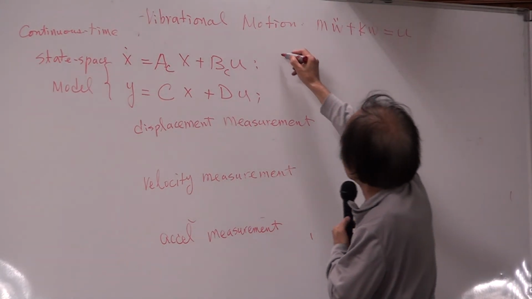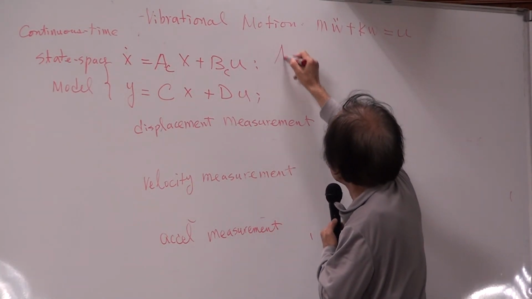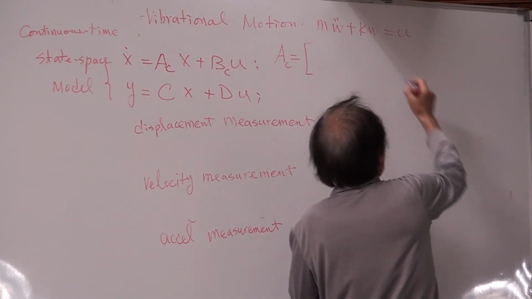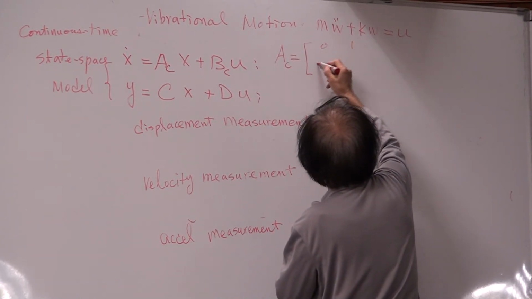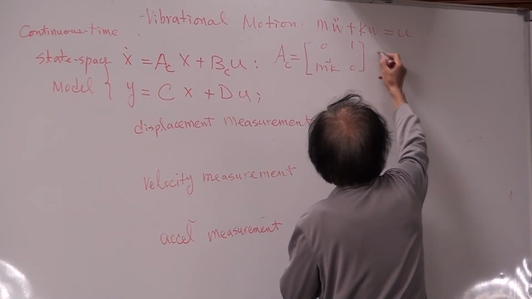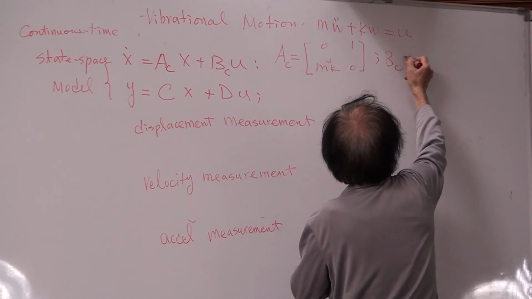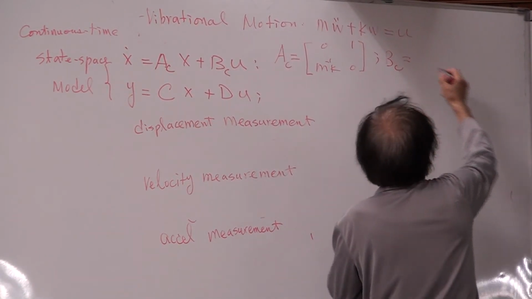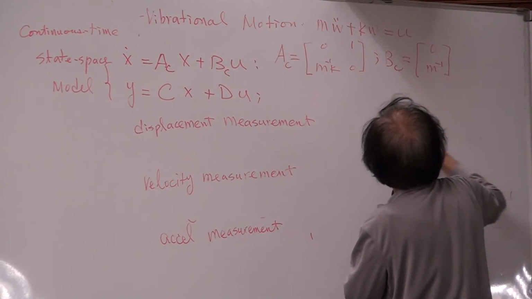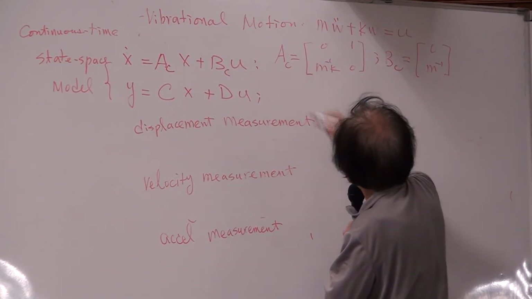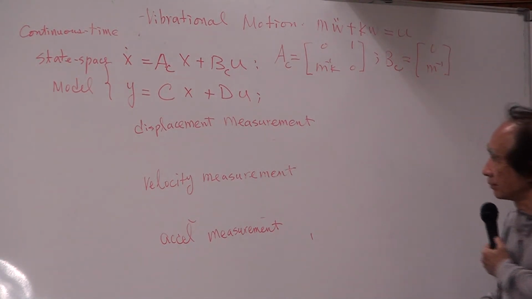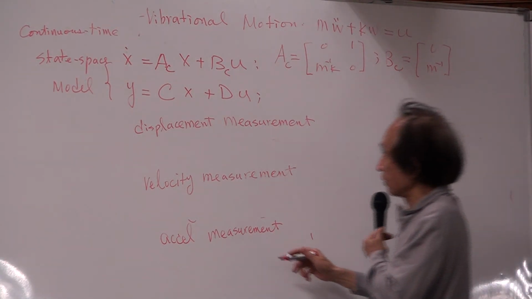For this, AC, the state matrix AC equal to 0, 1, minus m inverse k, 0. BC equal to 0, m inverse. That's my BC. So that's my state matrix. This is my input matrix.